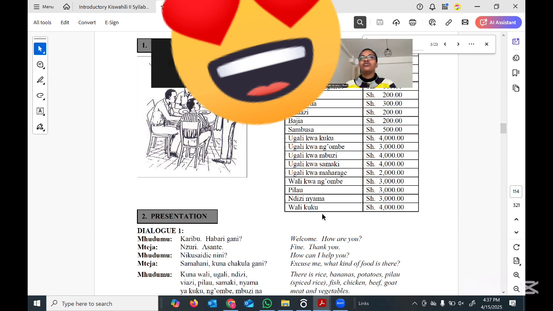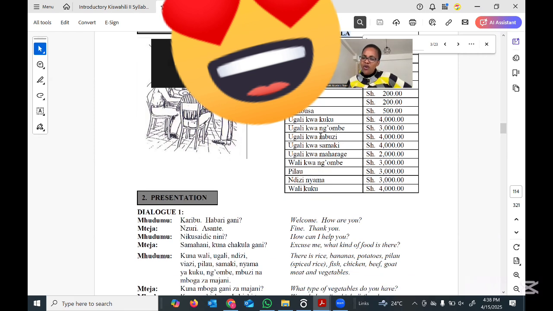But then it has turned to wali kuku, and it is understood. Ugali kuku. So you can say ugali kwa kuku ama ugali kuku, and they'll give you ugali with chicken stew. Eti ugali ng'ombe, you go like, ugali ng'ombe? What is ugali ng'ombe? Then it is ugali na nyama ya ng'ombe.